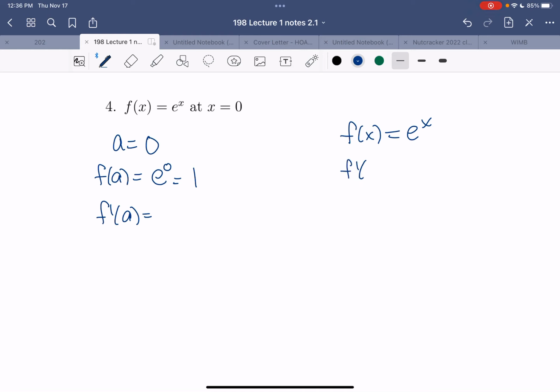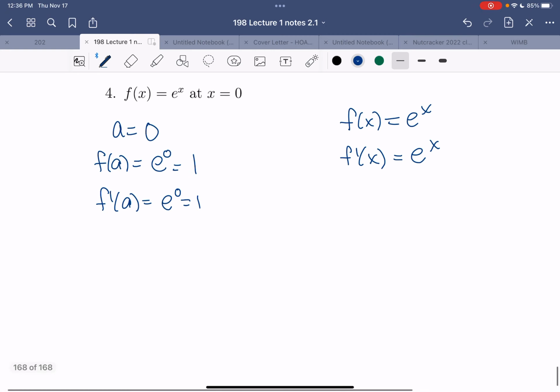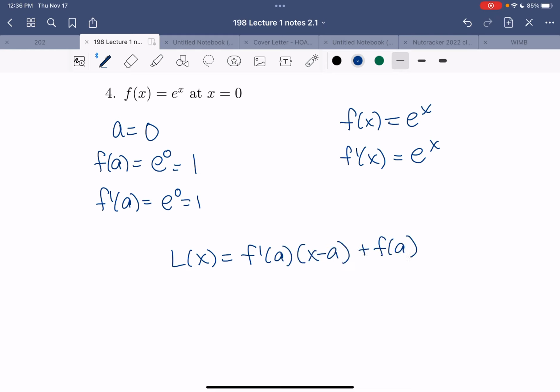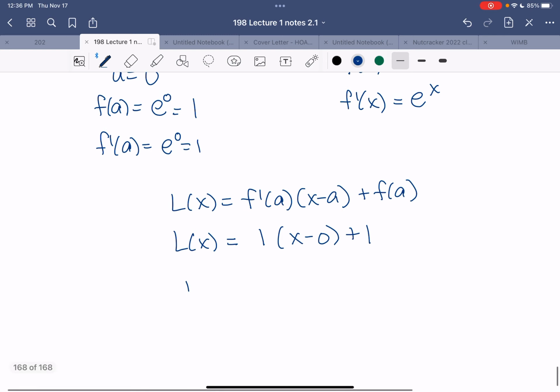When I take the derivative, I get e to the x, and when I plug 0 into that for my derivative at a, I get e to the 0, which is 1 again. So my L of x, f prime of a times x minus a, plus f at a, is 1 times x minus 0 plus 1. In this case, that gives me L of x is just x plus 1.